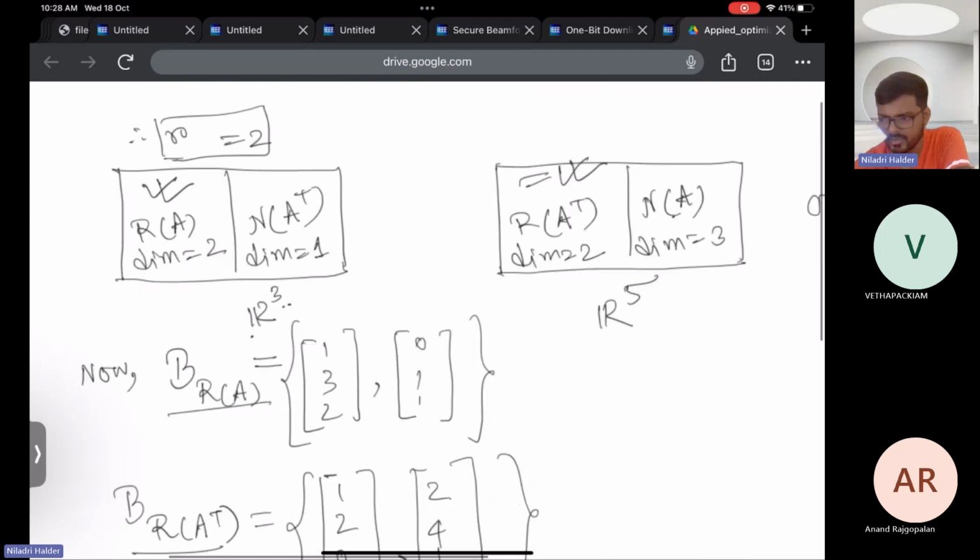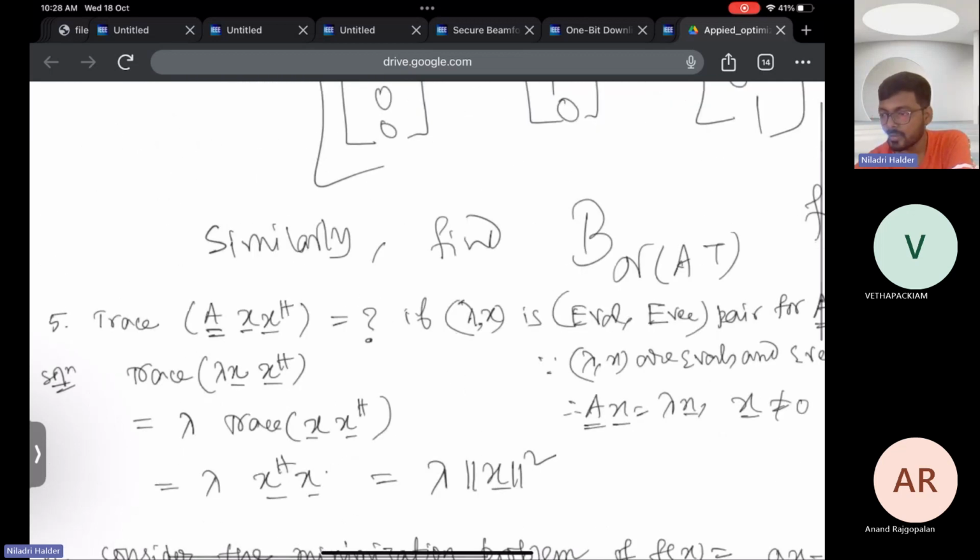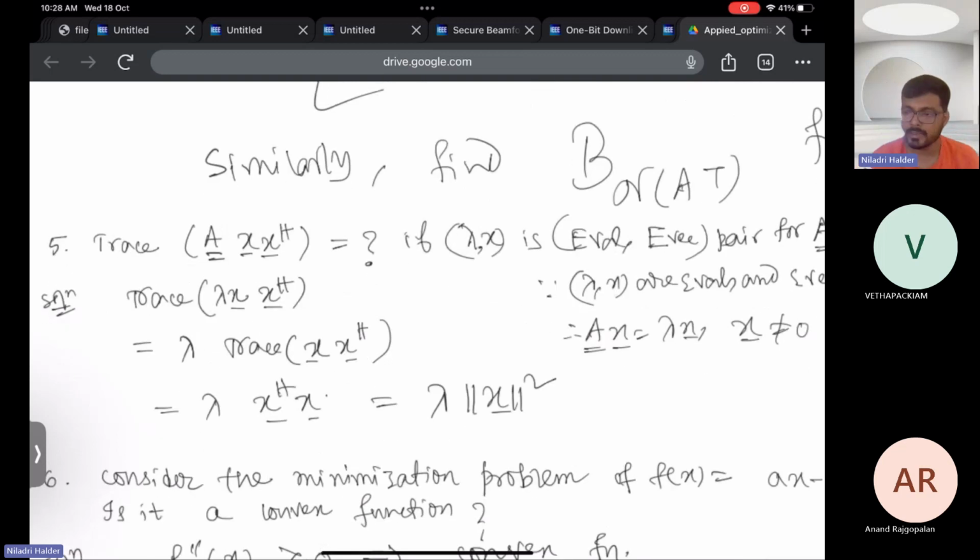It's a very lengthy process, so that is done here. Then the trace of A X X Hermitian is equal to lambda times X Hermitian X, where lambda is the eigenvalue and X is the eigenvector.